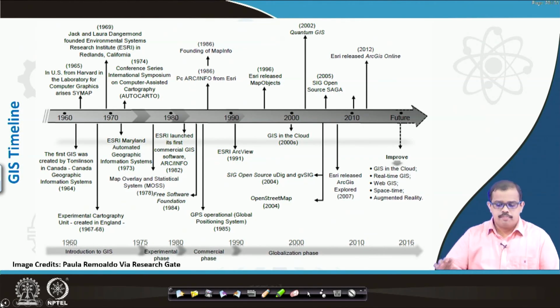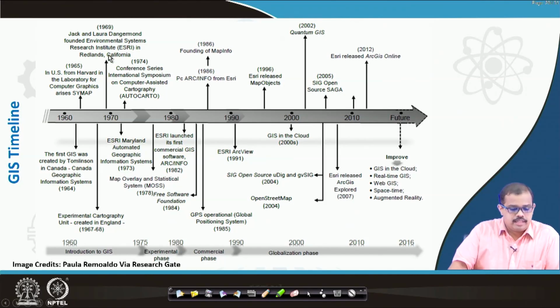To give you a brief of how it evolved over time, as I said, the first GIS was created by Tomlinson in Canada, the Canada Geographic Information System. Later in the US, at Harvard University, they developed SYMAP.